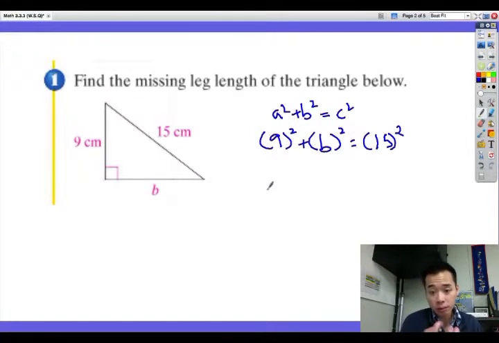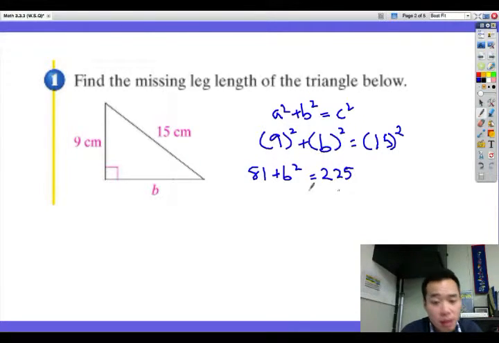I know that I don't need to add here like I did to find the hypotenuse. In fact, I need to do the opposite of adding, or the inverse of adding, which is subtracting, to find the missing leg. So just watch how I do this real quick. 9 squared is 81. b squared is just positive b squared, is equal to 15 squared, which is 225. The first thing I need to do, this is a two-step equation.